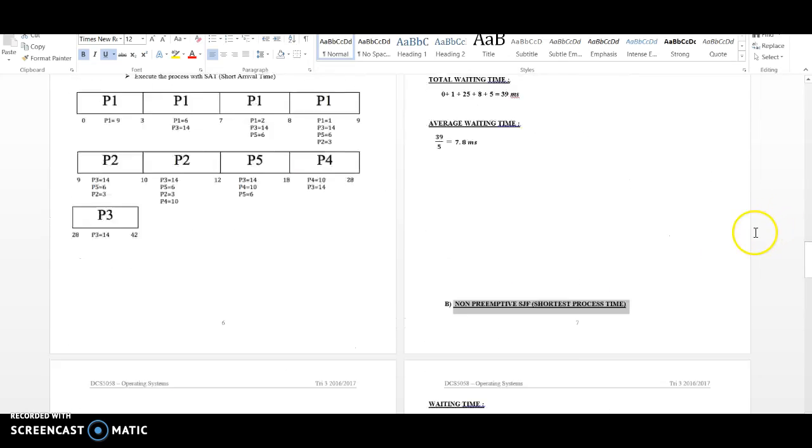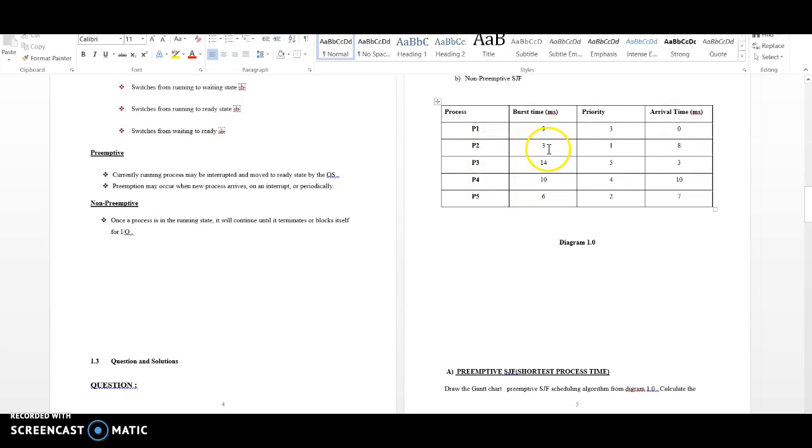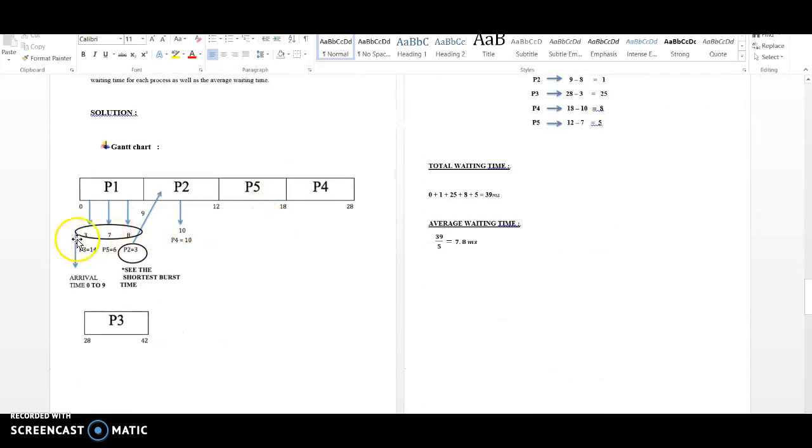We look at the table, 3, 7 and 8. So we take the arrival times and list them up here. For these 3 processes, we write down the burst time of each arrival time.